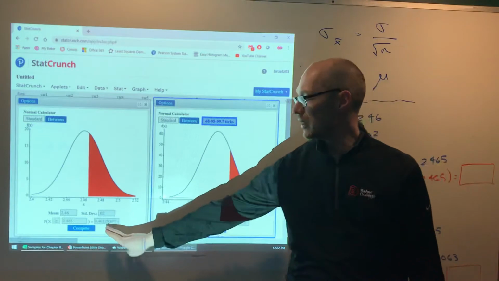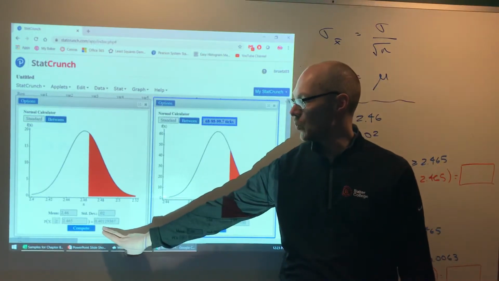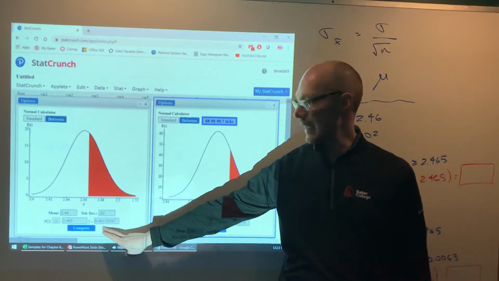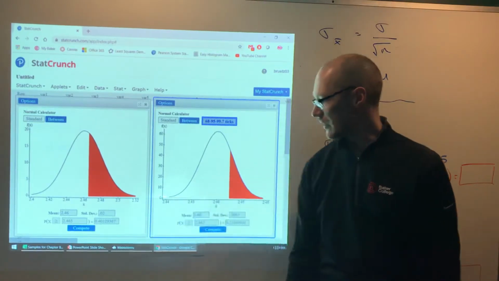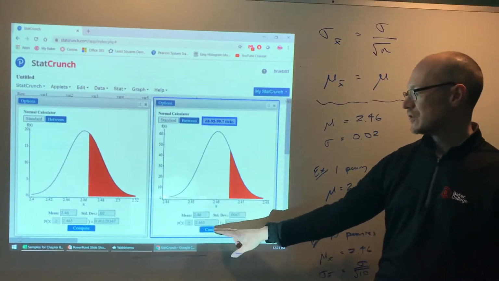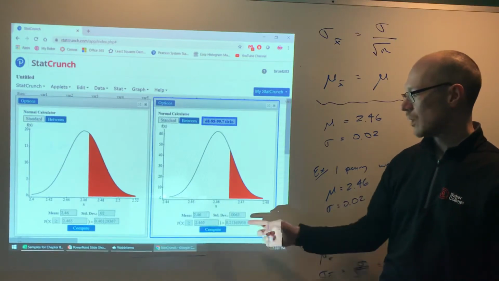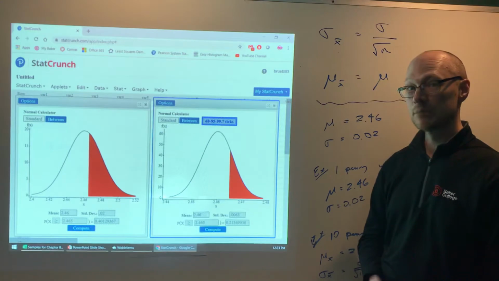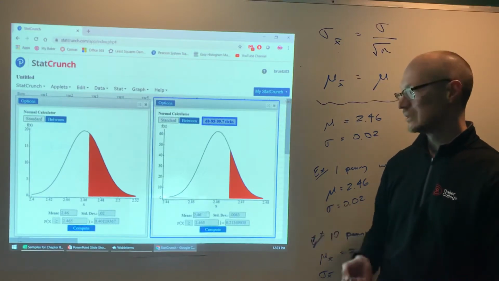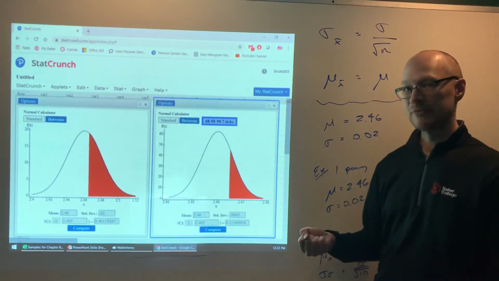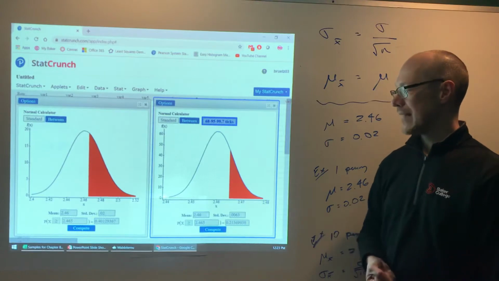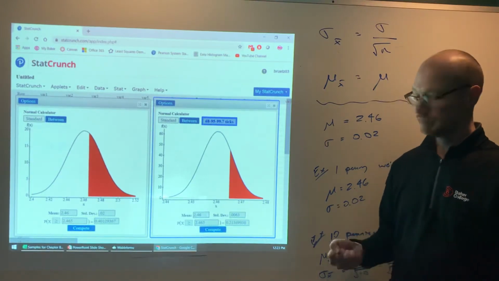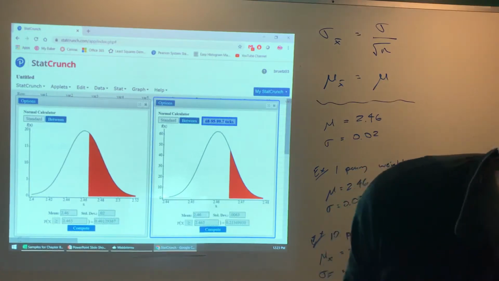The probability of a single penny weighing 5 thousandths more than average is 40%. But the average of 10 pennies weighing that much more is about half that, down to 21%. It's a much less likely occurrence to have that group of pennies weighing more than average. Right? So that is the idea of how that works.